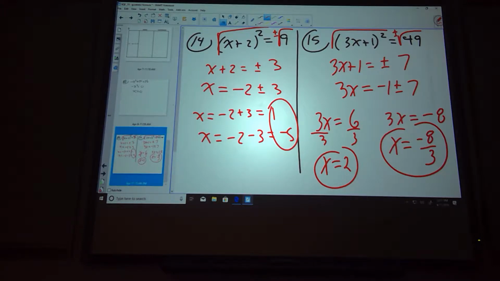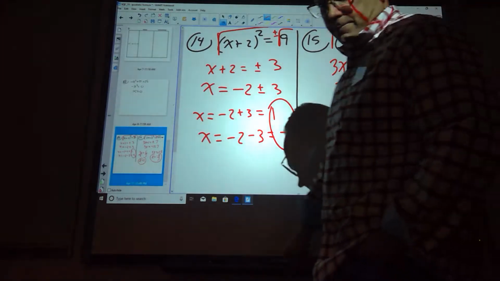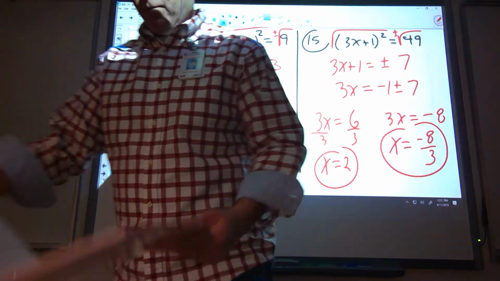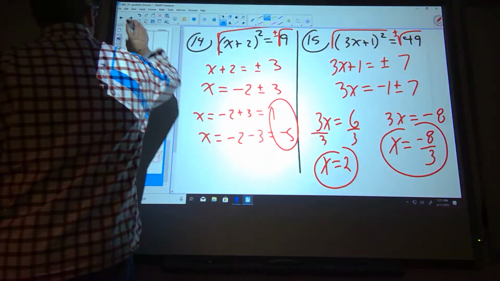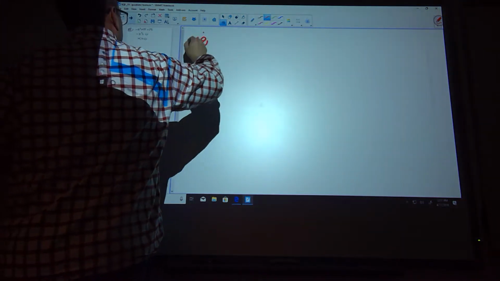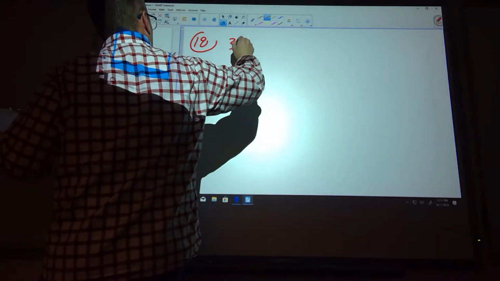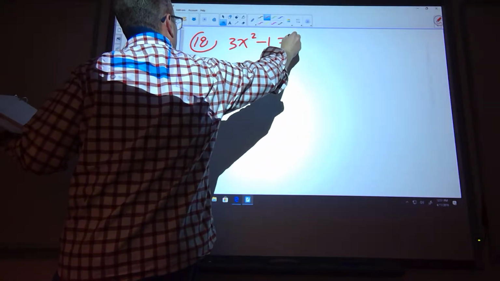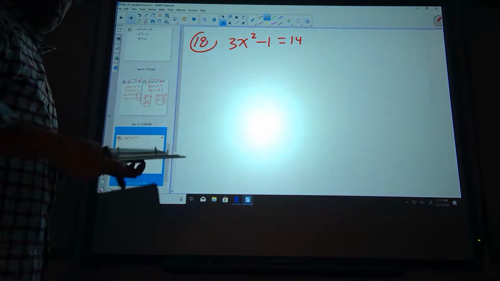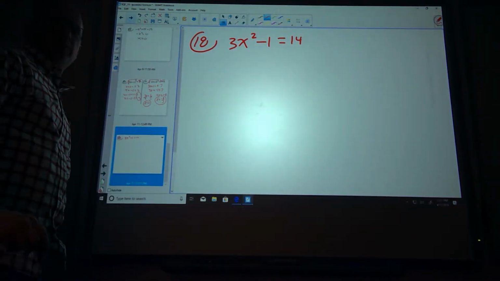Anything else you'd like to go over? Yeah. 18. Okay. Would it be okay to add 1 to both sides?